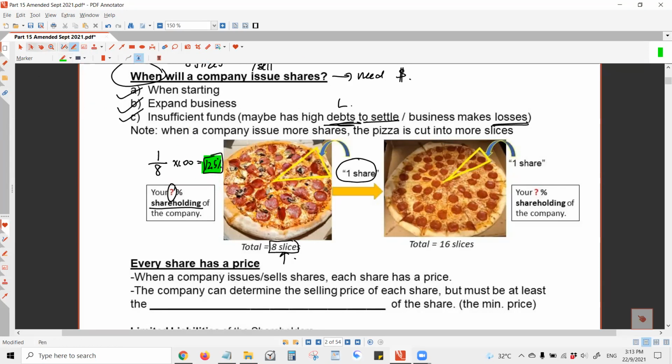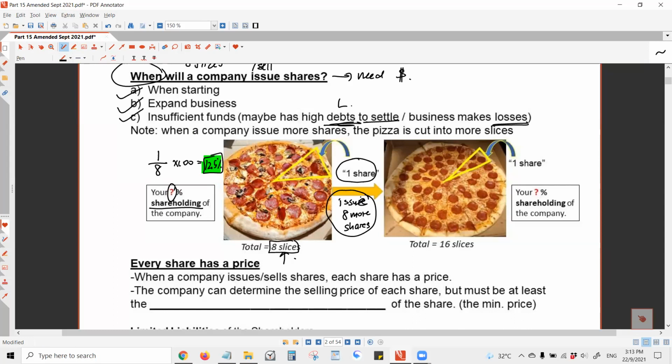You see an arrow here in between. You write issue 8 more shares. Like I mentioned earlier, when the company issues more shares, the same pizza is cut into even more slices, so each slice becomes smaller.